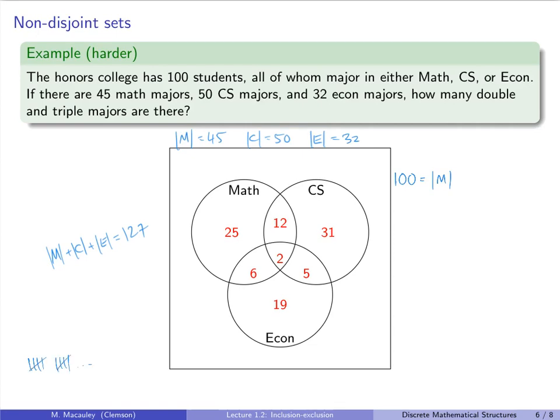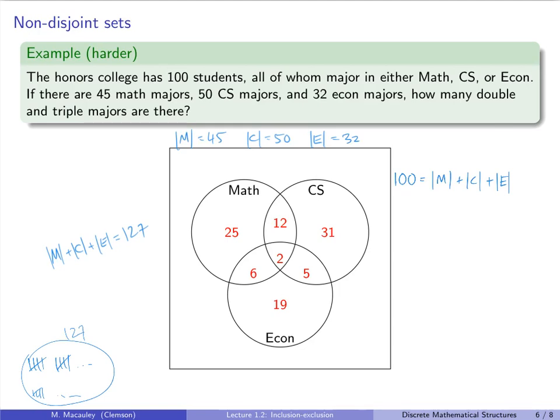Then we say, everyone who's a computer science major, raise your hand, and we get 50 of those. Then everyone who's an econ major, raise your hand, and we get 32. Overall, in our tally marks down here, we have 127 of them. So we have to ask, who did we double count?